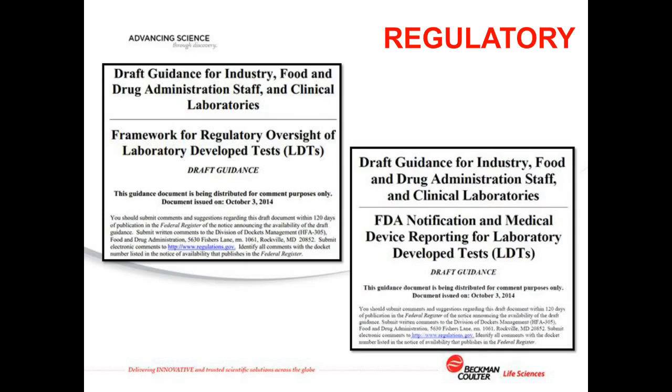And the idea behind the guidance is to increase the regulatory burden on laboratories that are doing this testing, to make sure that they are actually doing the testing well, that they're designing them well, and that they've been correctly vetted and validated and so forth. And there has been considerable pushback against it.